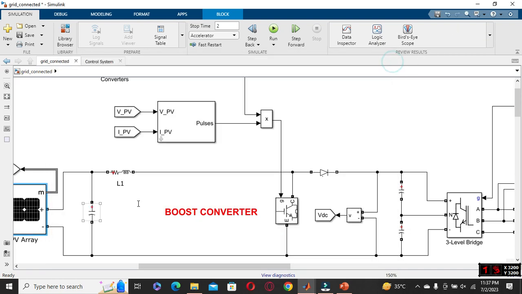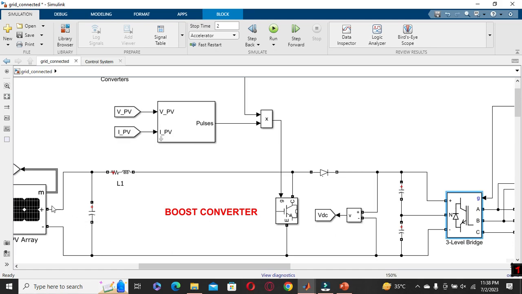So let us suppose we need 100 volt here, right? Our boost converter will try to achieve the voltage level of 100 volt for this DC to AC converter to work properly.